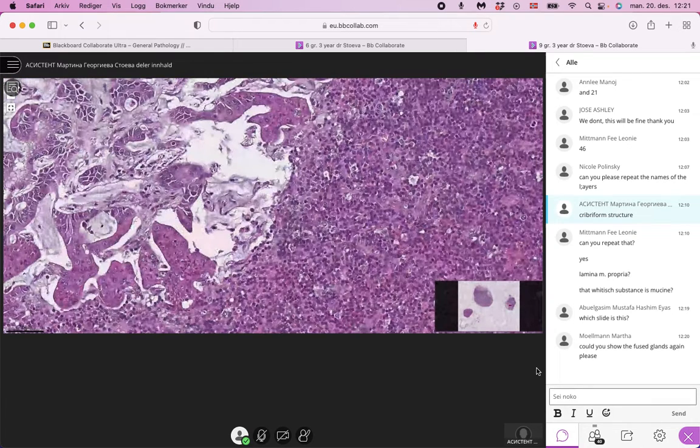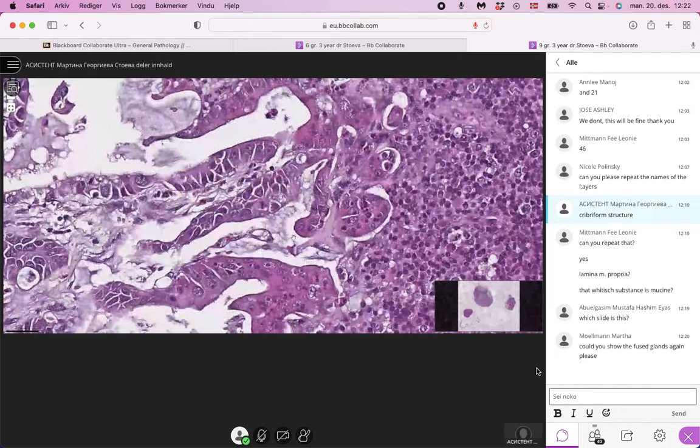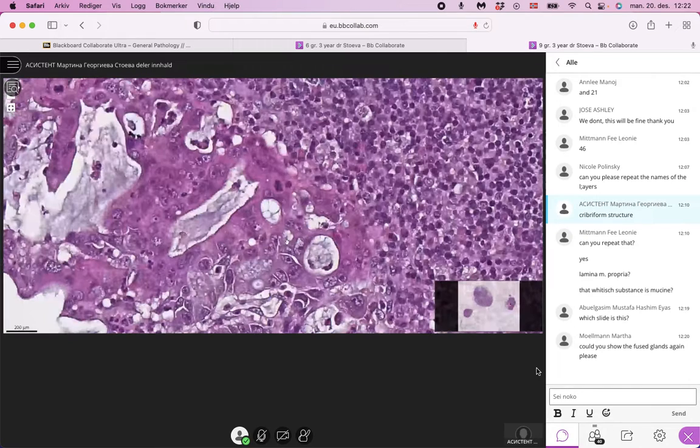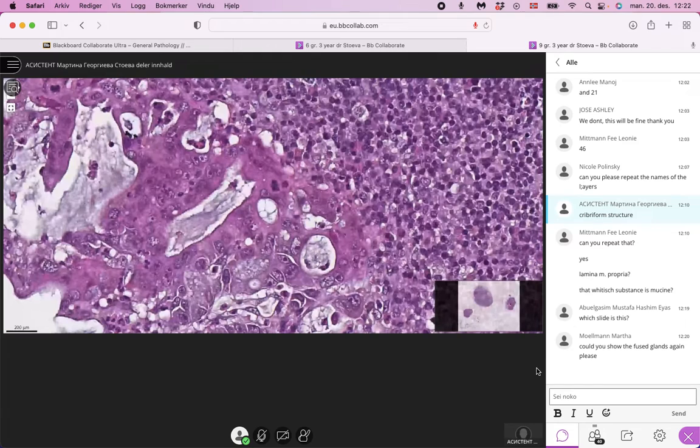So the fused glands are elsewhere. Here again, okay, here it is better visible. This is one lumen, another one, a third lumen, and in between them, there are only tumor cells, which means that these glands are fused. There is nothing else to separate them.